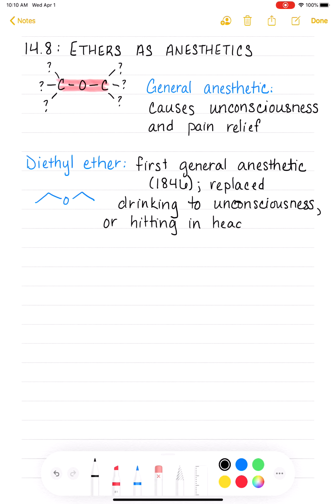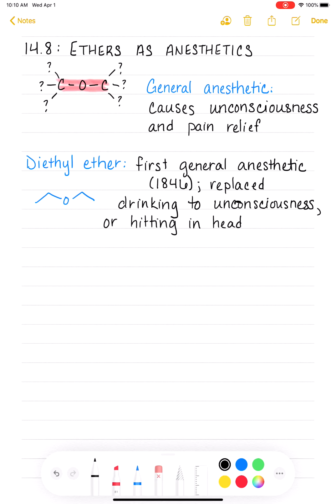A lot of times patients had to be physically held down by 5 or 6 people or tied down to a bed or a chair so that they could hold relatively still and undergo whatever type of medical procedure they were receiving.